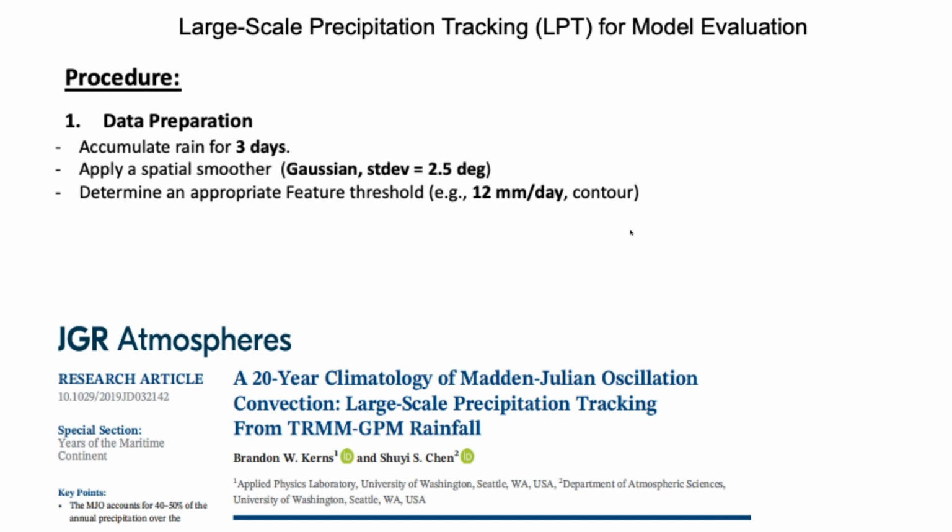Then a very tough decision is we have to decide what precipitation threshold we are going to track. Kerns and Chen decided on 12 millimeters per day as a threshold. I have to emphasize that these three parameters, the 3-day cumulative rain, the 2.5 degree Gaussian standard deviation, and the 12 millimeter per day threshold, are all subjectively decided, because there is no purely scientific, objective way to decide this.